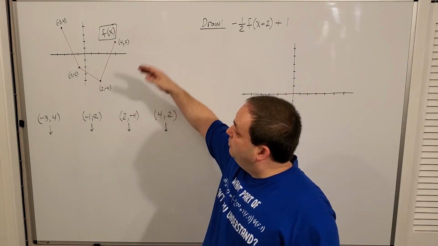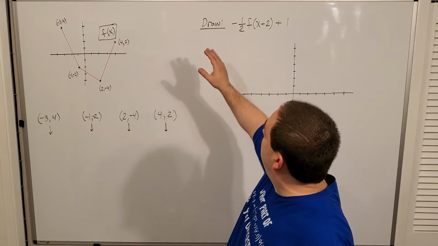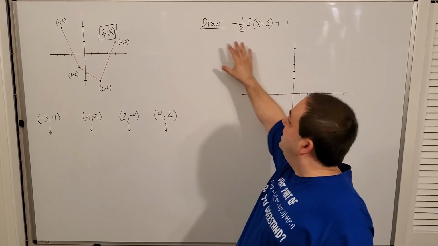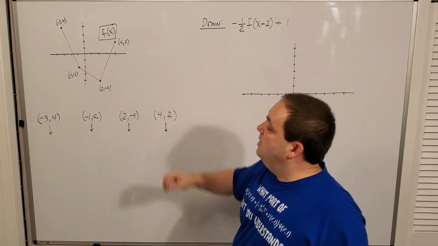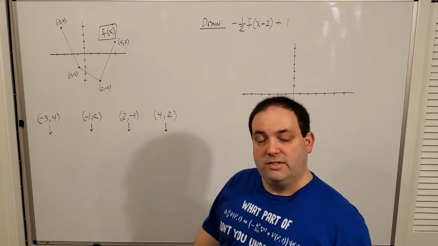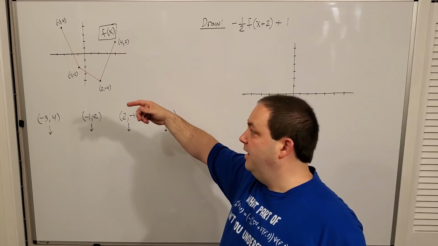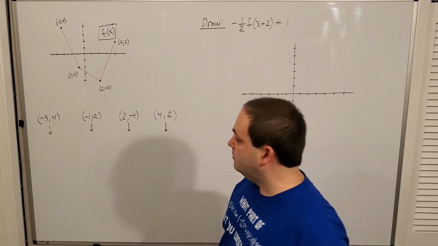In this case, those important points just happen to be the corners. So since they're asking me to do these transformations of the function, I'm going to just convert each of these points using the transformations, and then I'll just connect them with lines like I have the original graph here. Okay?